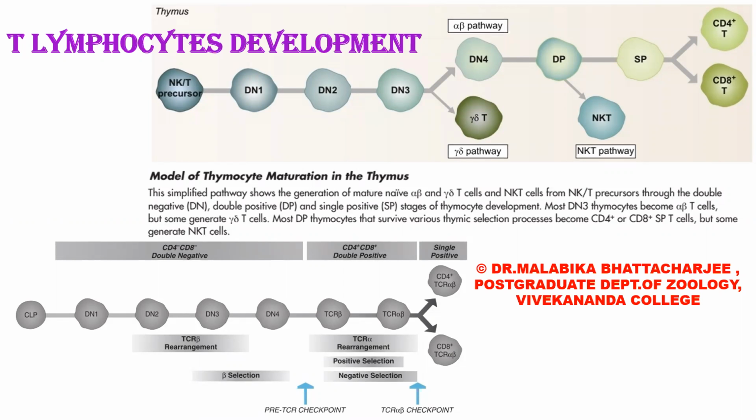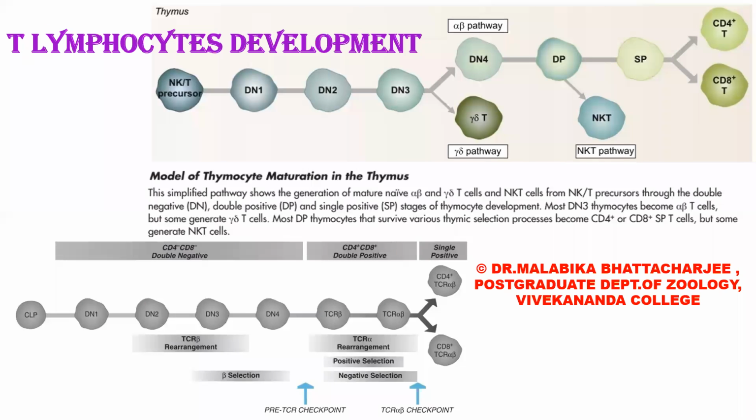But we must always keep in mind that it is under the influence of particular cytokines and intercellular contacts that the common lymphoid precursors pass through the four stages from double negative 1 to double negative 4.